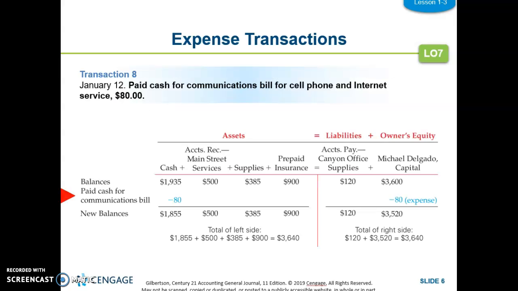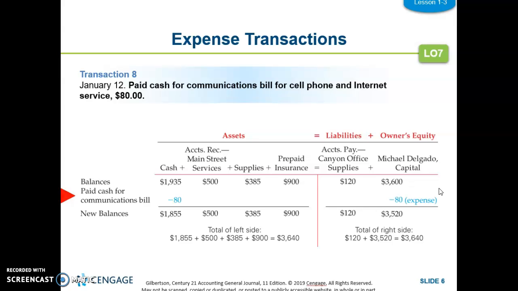There's so many different things we have to pay in order to keep our business operating. Here is an example of an expense transaction. January 12th, paid cash for communications bill for cell phone and internet service, $80. So we paid cash, so cash will be decreased by $80. And then we also had an expense, which is going to decrease our capital account. So revenue transactions will increase the capital account, and our expense transactions are going to decrease our capital account.